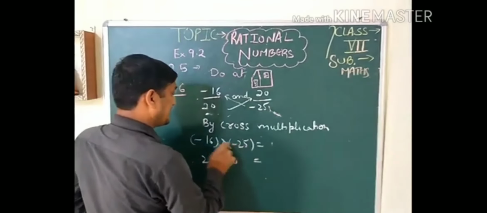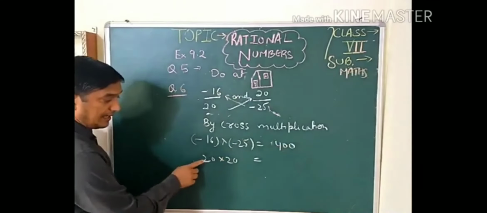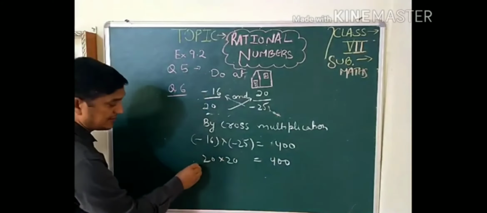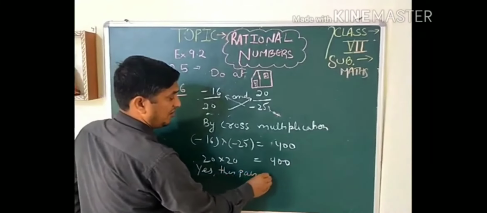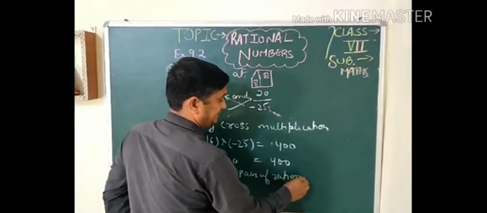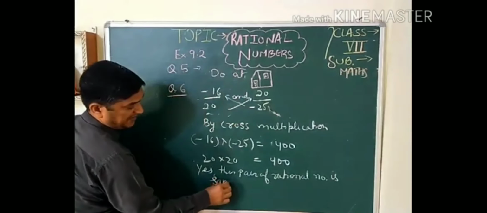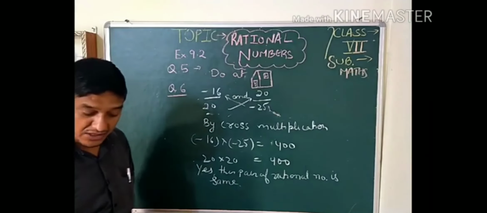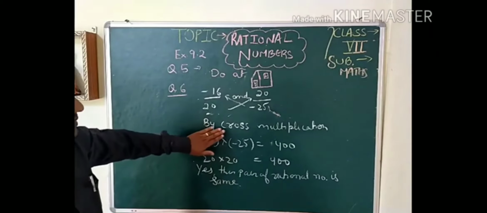It becomes minus times minus, plus 400, and this is also 400. Now you can say that yes, this pair of rational numbers is the same, or you can say they are equivalent rational numbers. Now children, you have to try the rest of the parts on your own by simply cross multiplication.